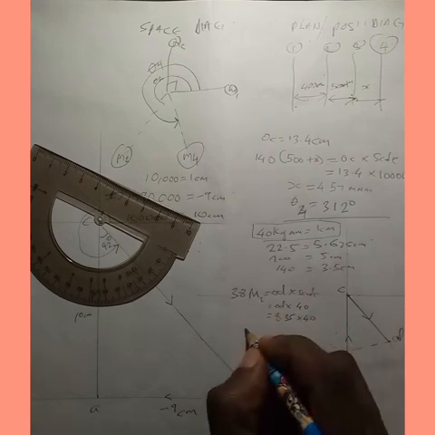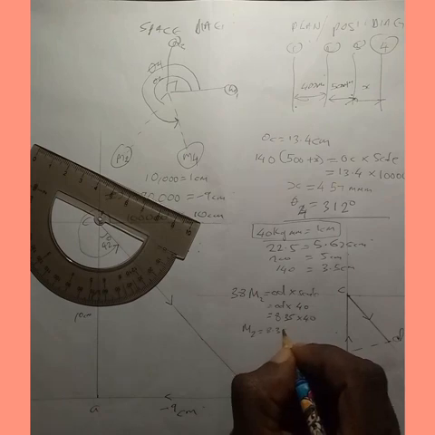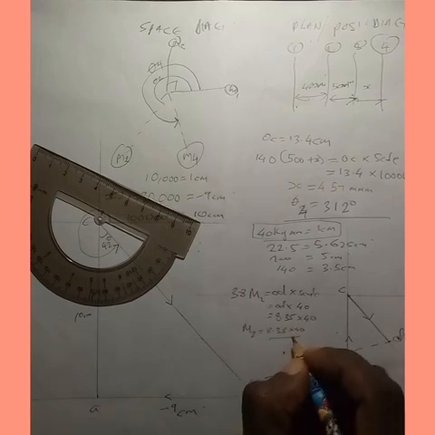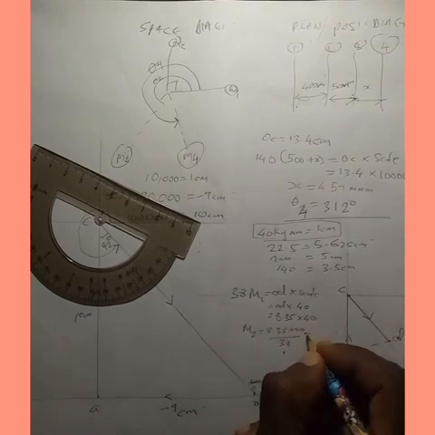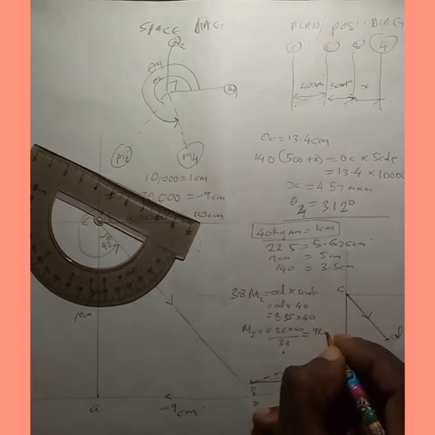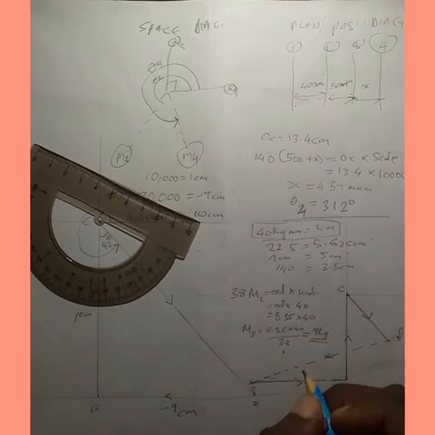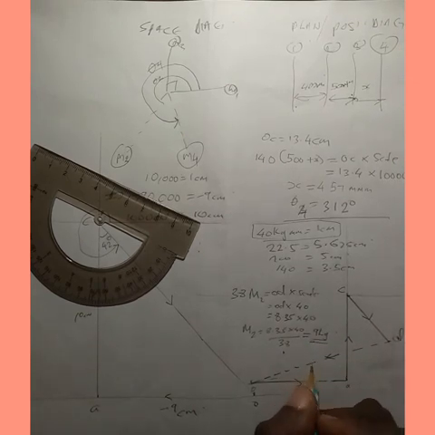So making M2 the subject of the formula, M2 becomes 8.35 times 40 divided by 38. And that should be approximately 9 kilograms. So with this, we've known the mass of M2.